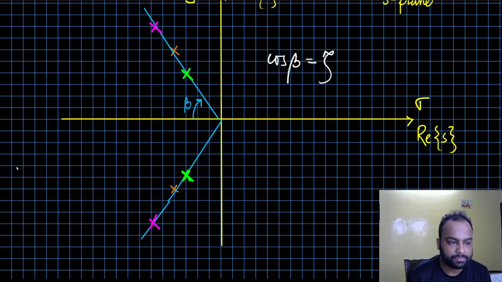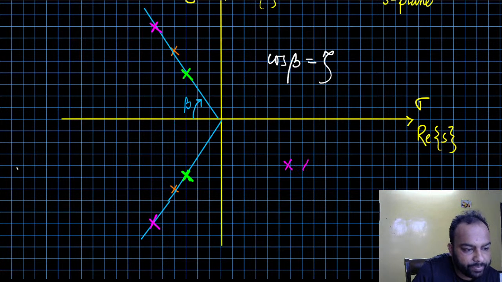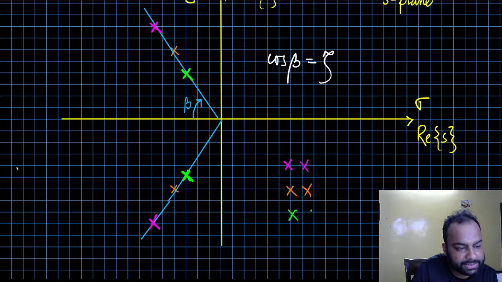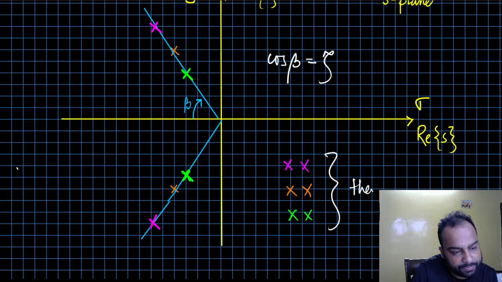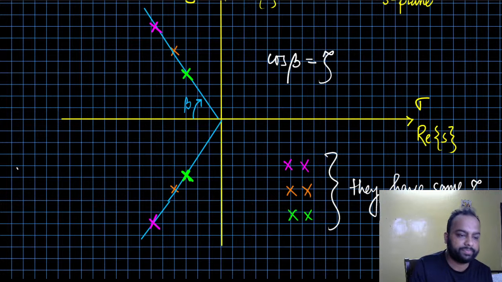All right. So this pair and this pair, and in our drawing at least this pair, have the same value of zeta.